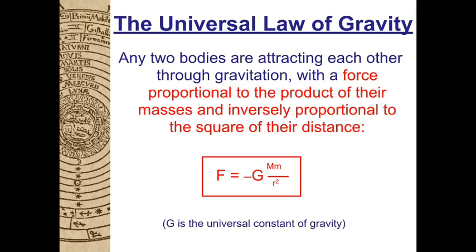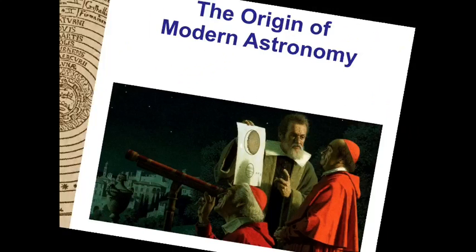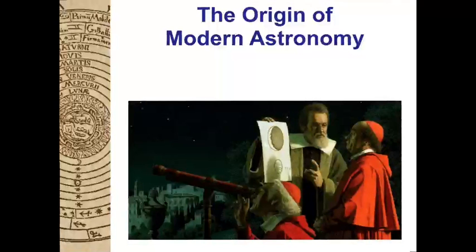Okay? It is this universal law of gravity that now allows him to explain why the planets are orbiting the sun, why the moon is orbiting the Earth. Okay, it's due to the force between the 2 objects that you can actually calculate with this relationship. Okay, so this was our lecture on the origin of modern astronomy.